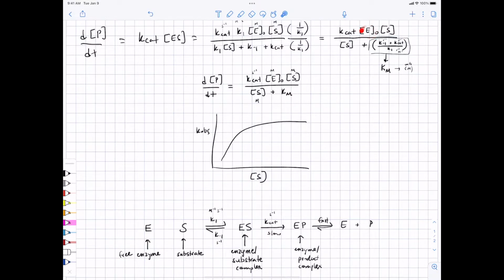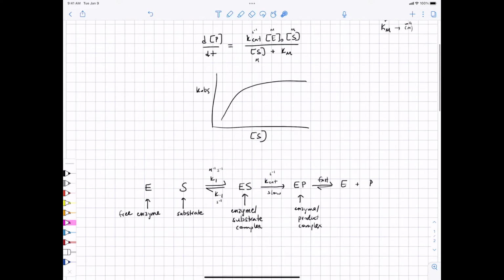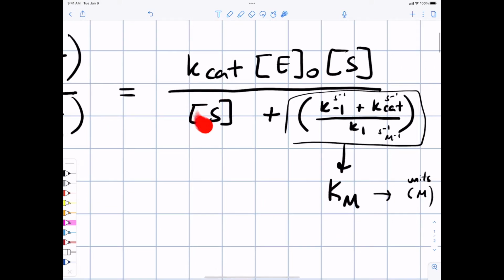We also have total enzyme concentration, substrate concentration, and then in the denominator we have substrate concentration plus some term here that is difficult to understand. It's the rate constants for things that decrease the concentration of the enzyme substrate complex versus the step that increases the concentration of the enzyme substrate complex.